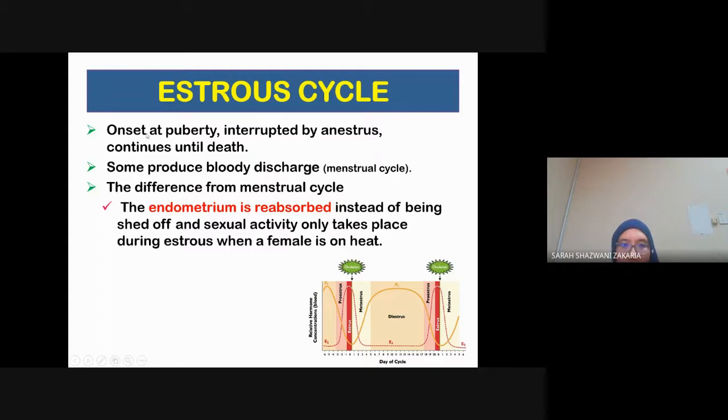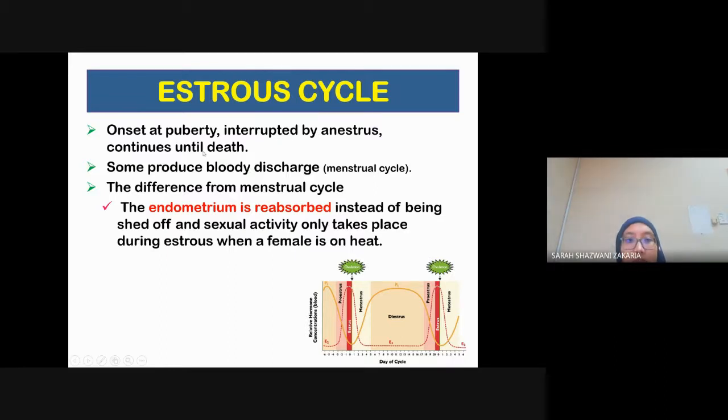The animal also experiences puberty, but it is not as obvious as observed in humans. Once puberty starts, the reproductive cycle changes to the estrous cycle.